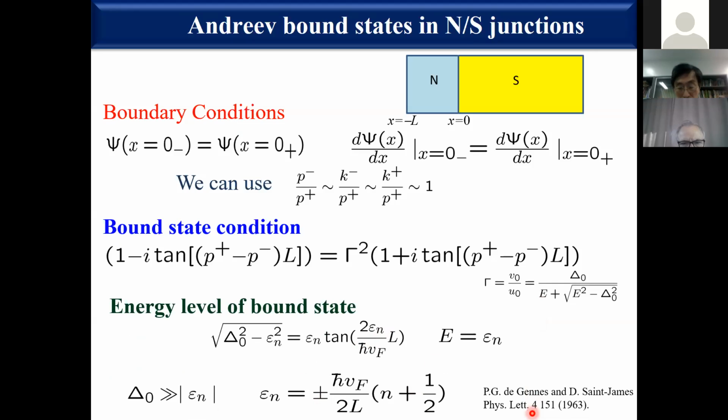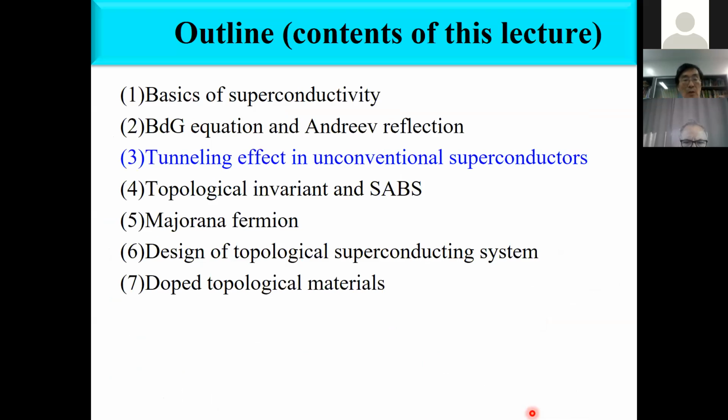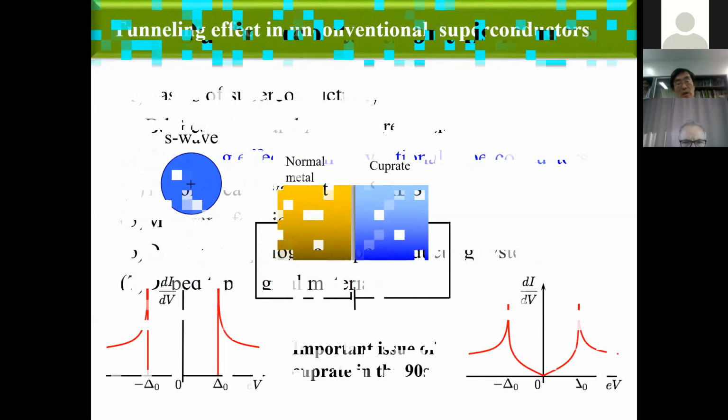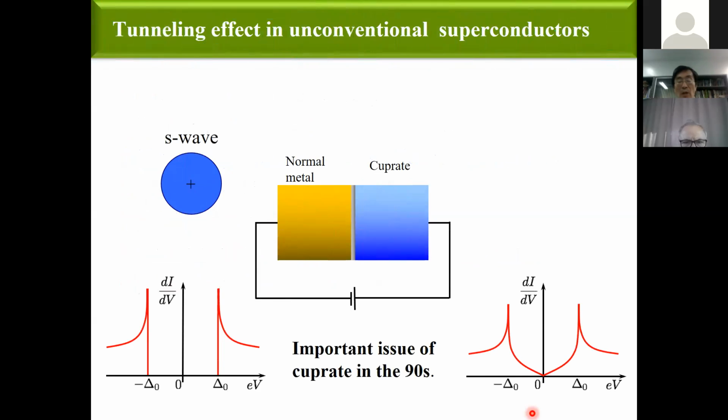Okay, so that was the time of de Gennes and Saint-James. Then let's go to the main part of my lecture: the tunneling effect in unconventional superconductors. So what should be modified? In an unconventional superconductor, let's imagine a superconductor with a line node structure, realized in high-Tc cuprates.